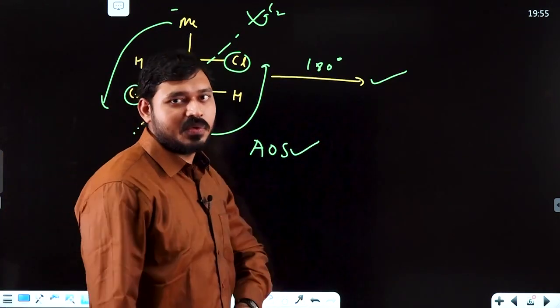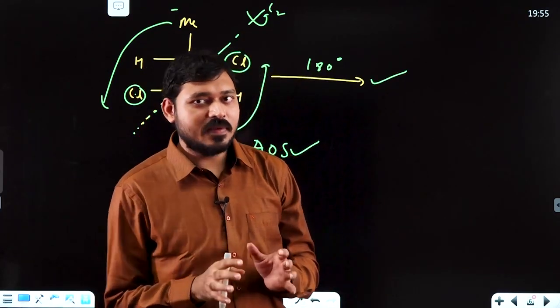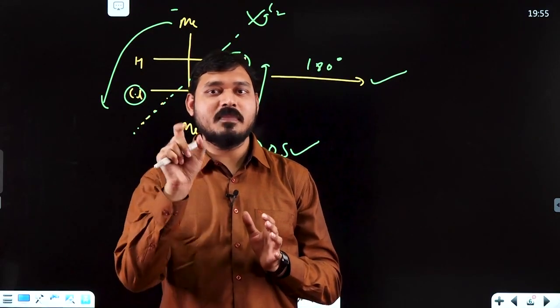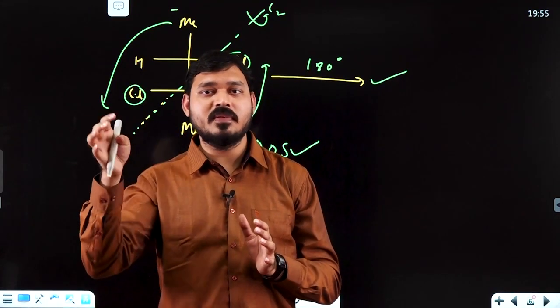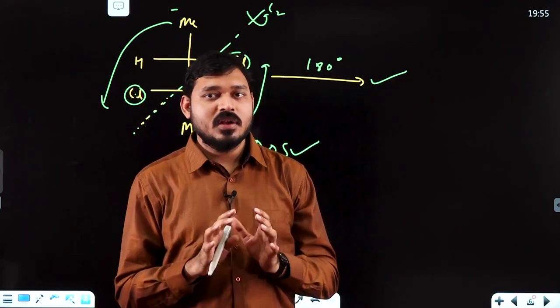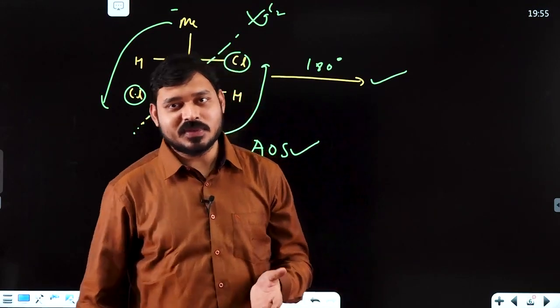Dear students, from this you can understand that if we rotate any compound by 360 degree by n, where n equals 2, 3, 4 and so on, integer values starting from 2, and we find the identical molecule, then we can say it has an axis of symmetry.